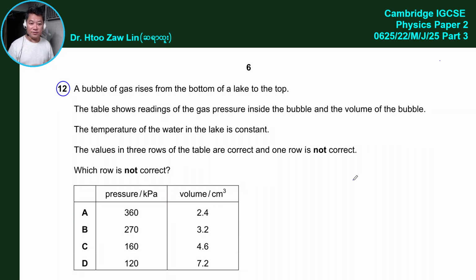The temperature of the water in the lake is constant. The values in 3 rows of the table are correct, but 1 row is not correct. Which row is not correct? We need to choose the incorrect row.